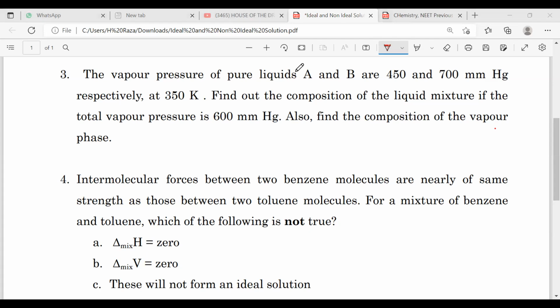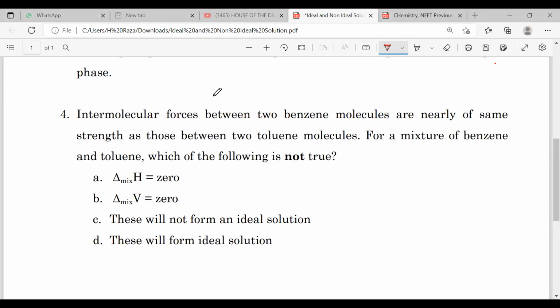Everyone done with question number 3? No, sir. Okay. Madiha? Done, sir. Samia? Done, sir. Okay, very good, too fast. This will be your question number 4.